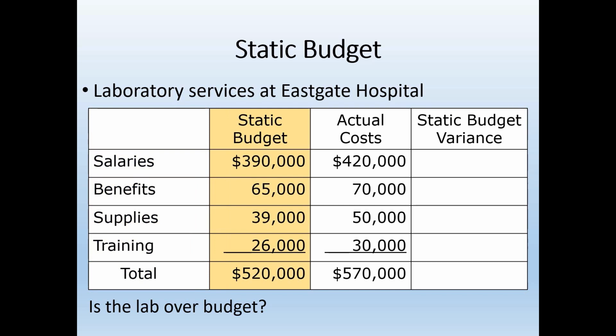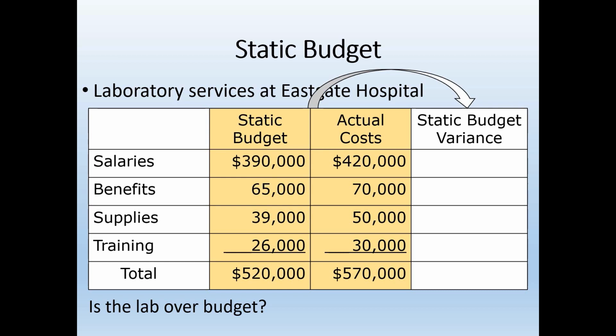Before the period started, the laboratory at Eastgate Hospital prepared a budget based on its expected level of activity, and this became part of the master budget. Now that the period is over, those numbers become the static budget, the expectation for how much it would cost before the period began. Here are the actual costs for each cost category and the total for running the laboratory during this period.